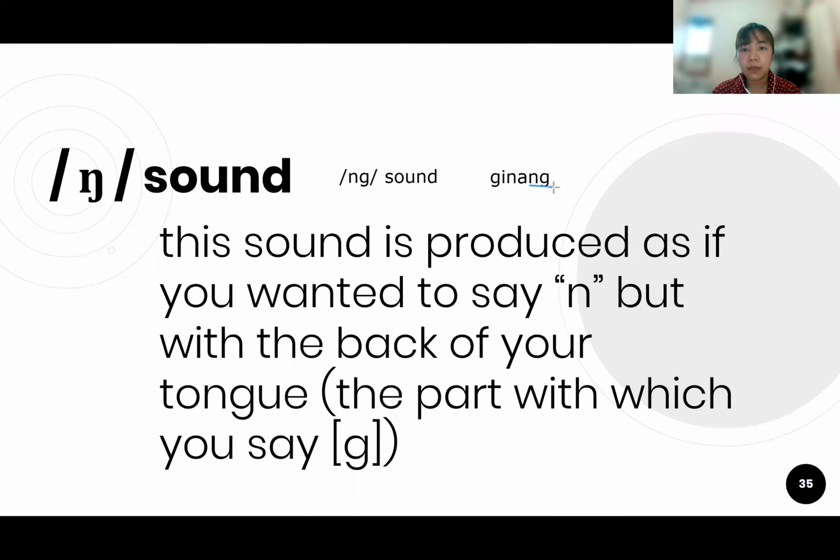For example, in the Filipino word ginang, the ng here or your ng sound, this is what it symbolizes, or this is how it is written in IPA. So your ng sound is how it is written in IPA transcription.